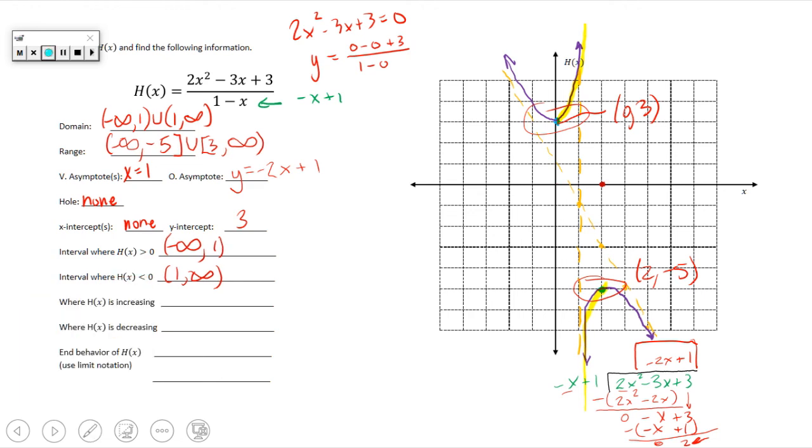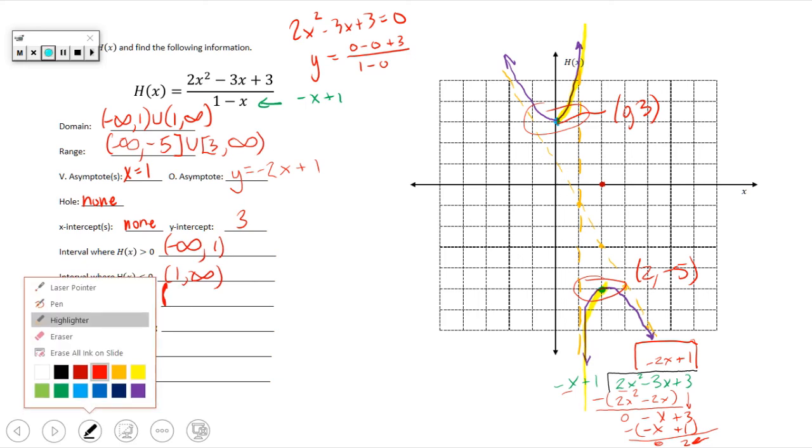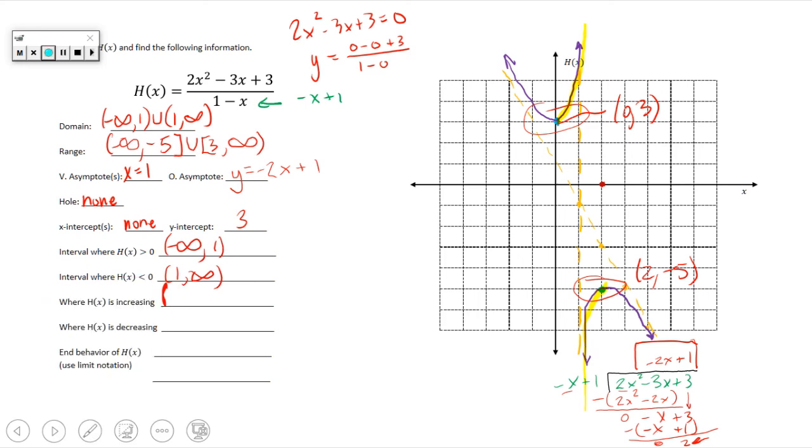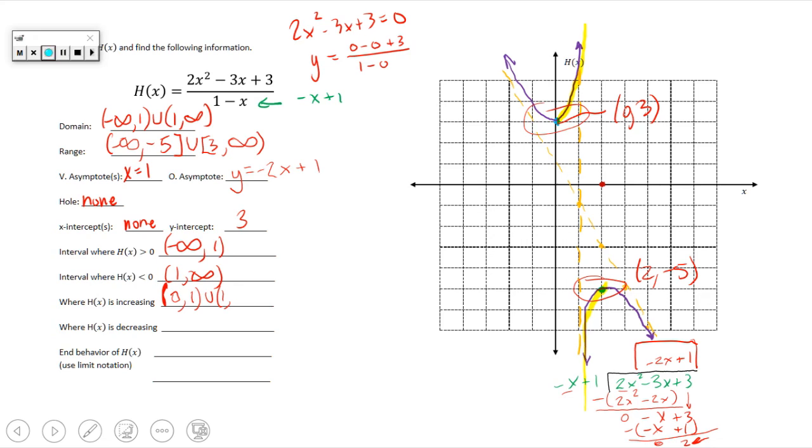So interval notation, that means we're going from the x-coordinate of that minimum, which was 0, not including it, because at the actual x-coordinate, it's neither increasing nor decreasing. So from 0 to the asymptote of 1, union, back from that asymptote of 1, and then up to the x-coordinate of that maximum, which was 2.